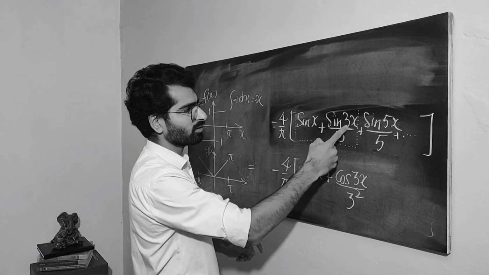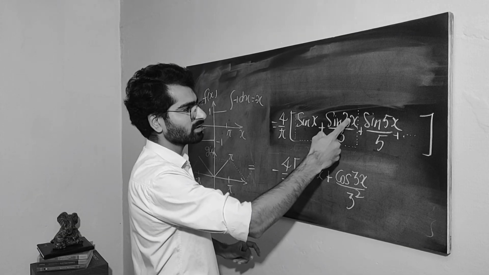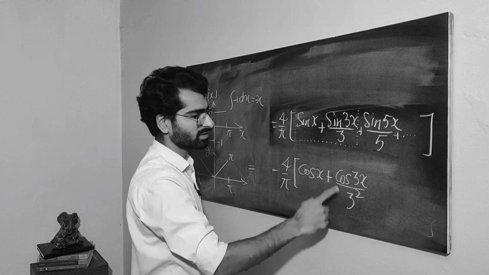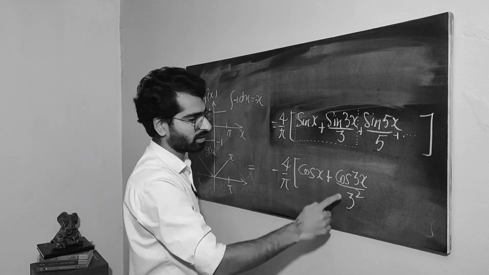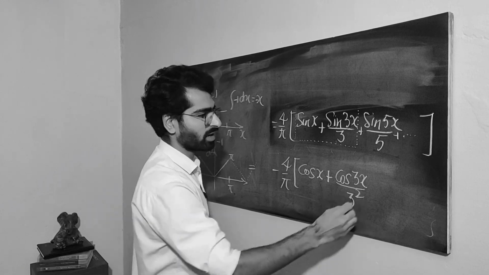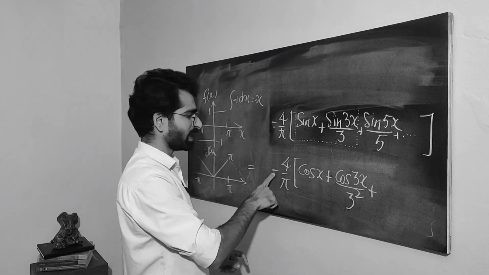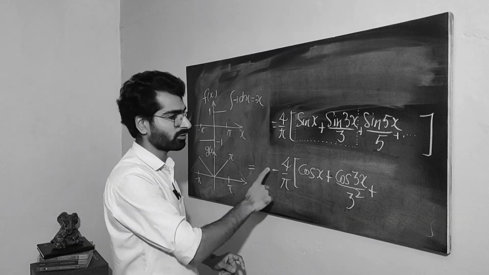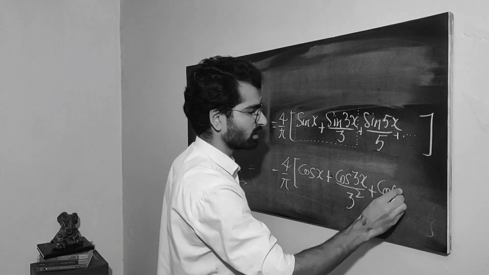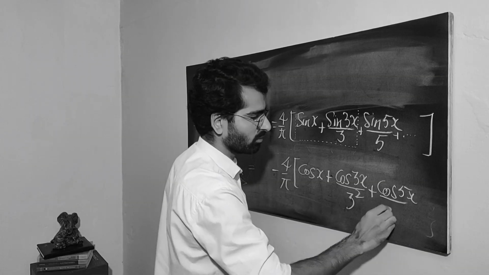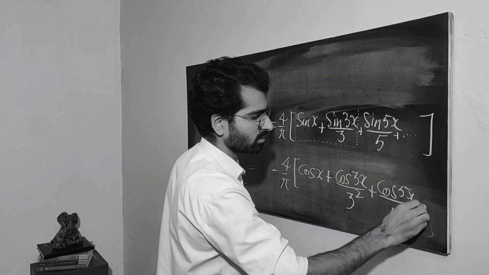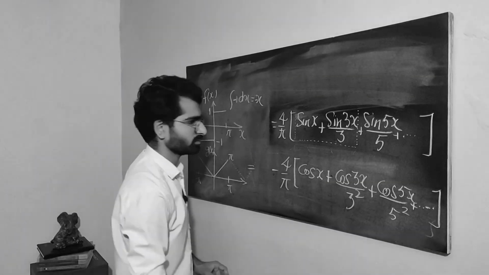When you take the integral of sine 3x, this 3 comes downstairs, and you already have a 3, so this becomes 3 squared. And the minus sign I have taken that out already. And the next term will be cosine of 5x over 5 squared, goes like this.